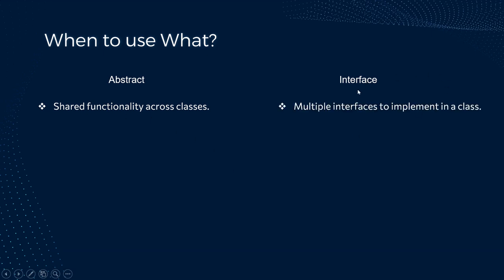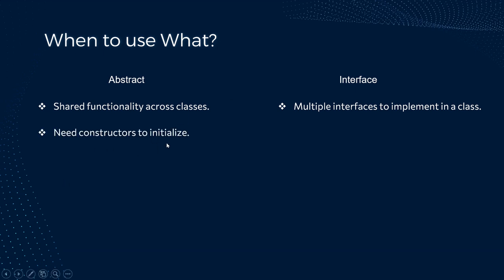But in case of interface, when multiple interfaces are implemented in the child class, then basically we can use the interface. So here we can have multiple methods in different interfaces, and I want all those methods in the class, then I can implement all those interfaces in that class.